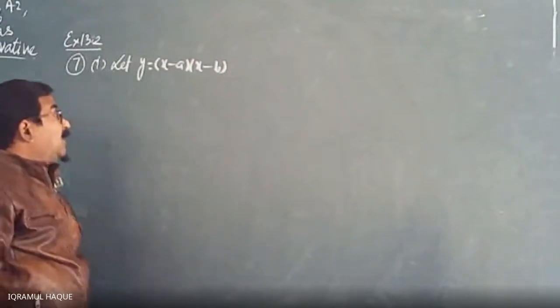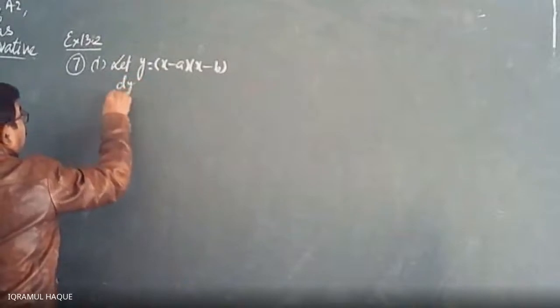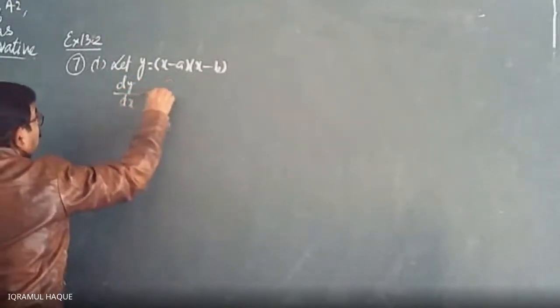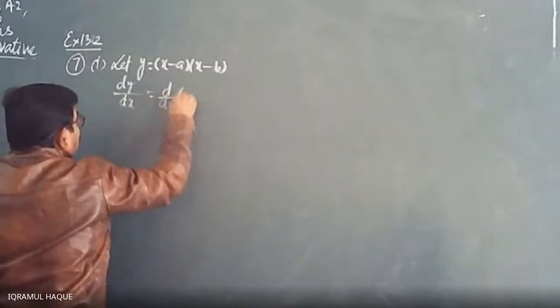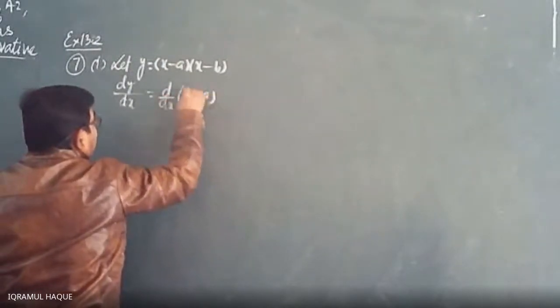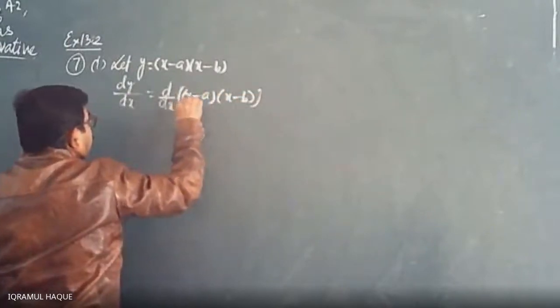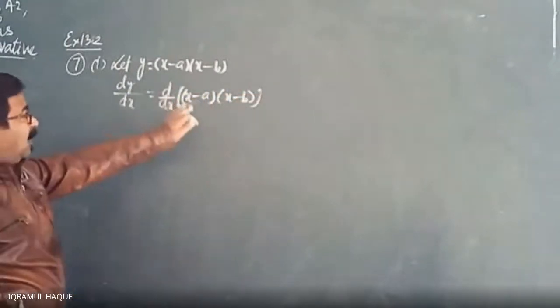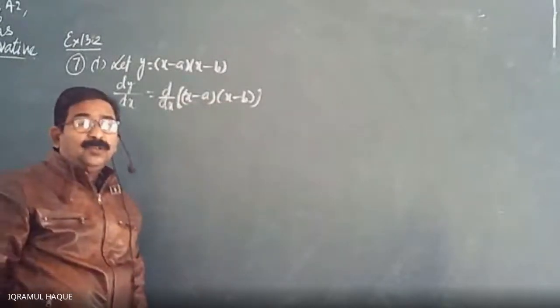So we have to find the derivative. See, dy upon dx is equal to d/dx of (x minus a)(x minus b). Now here we have product of two functions. So we can use UV rule.